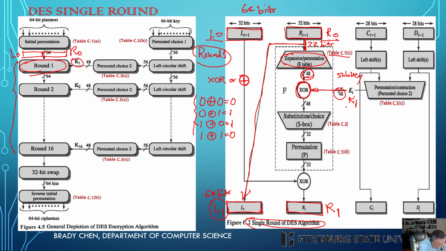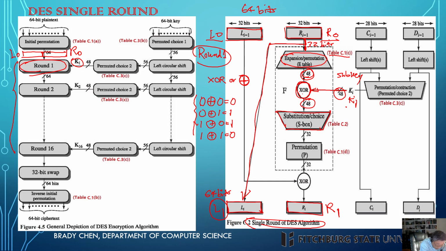Okay. Now, after you mix the 48 bits from the expansion permutation with the subkey, which is also 48 bits, we generate another 48 bits, which mixes the information of the plaintext with the information on the key side. Now those 48 bits are going to pass through another operation called substitution/choice, also called S-box.